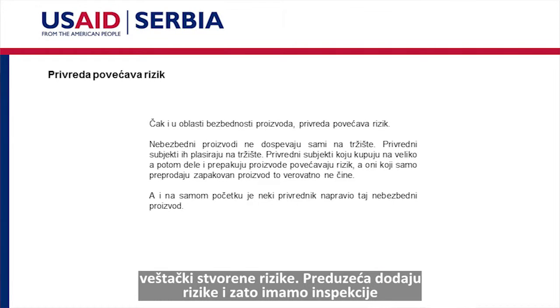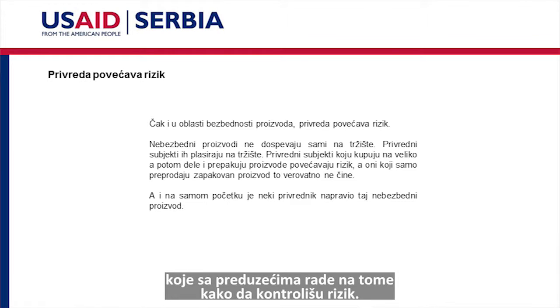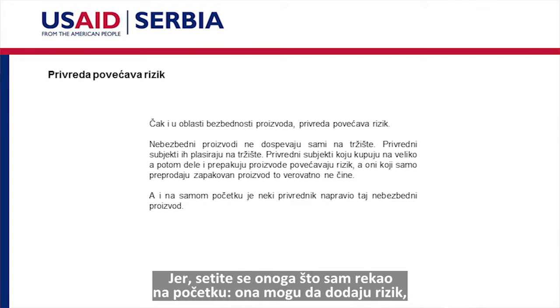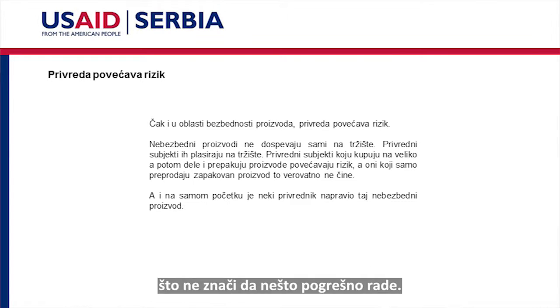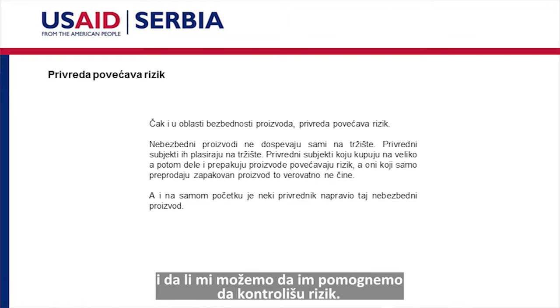Businesses add risk. And that's why we have inspections to work with the businesses in how they manage the risk. Because remember what I said originally, they may add risk, but that doesn't mean to say that they get it wrong. They add the risk, it is then a question of whether they control the risk and whether we can help them to control the risk.